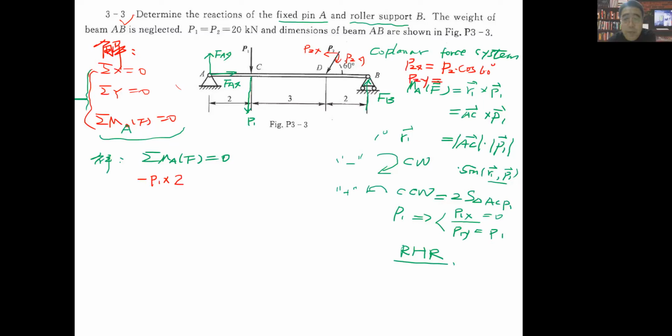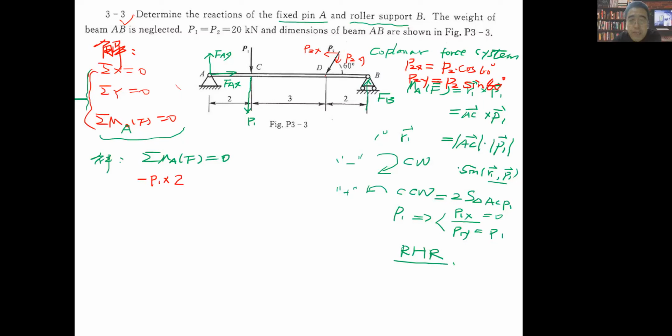P2Y should equal P2 times sine 60. Actually, this one is along the negative direction of the y-axis.